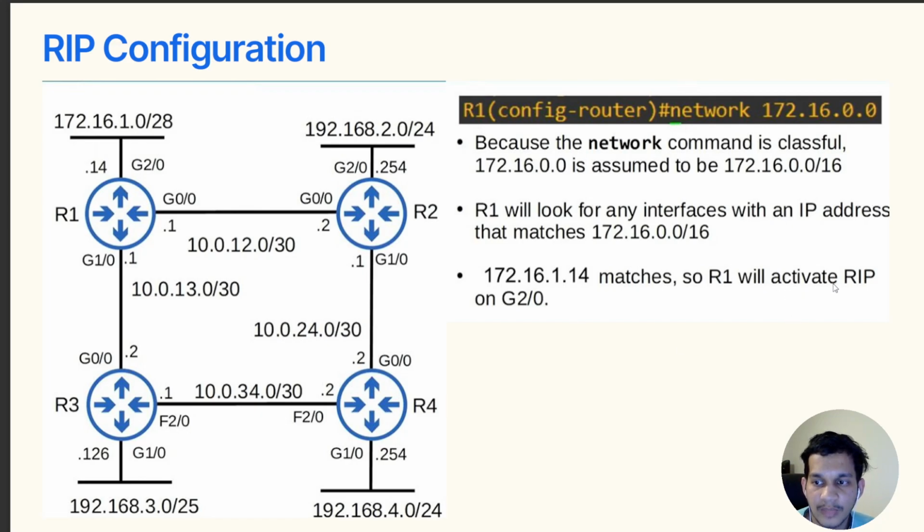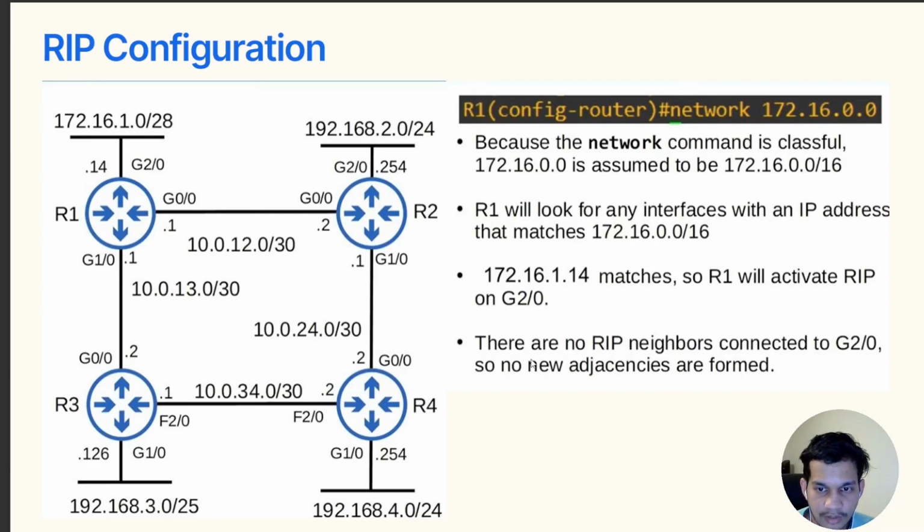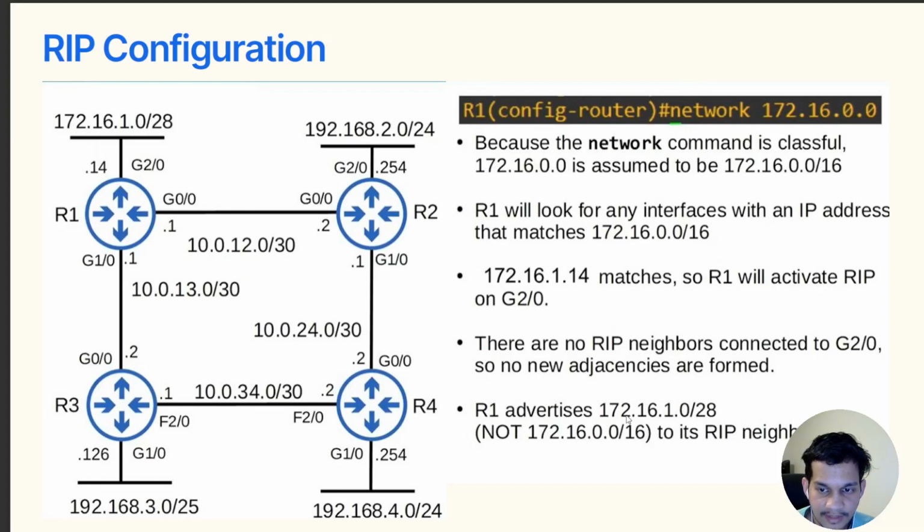So RIP will be activated on G2/0. There are no RIP neighbors connected to G2/0, there is just the network over here. So no new adjacencies are formed, and R1 advertises 172.16.1.0/28 to its RIP neighbors.